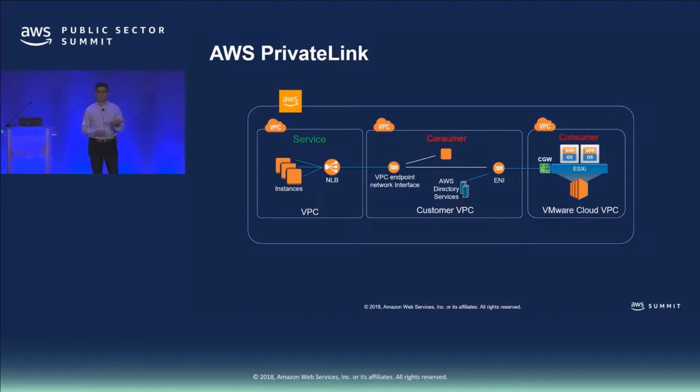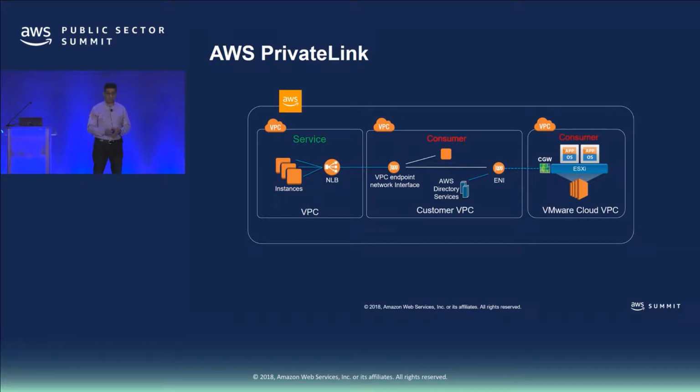So the service here will present a DNS name that needs to be resolved by the AWS resolver to give you the private IP address. So the recommendation here, to enable the name resolution to work to the right IP address, is to do some proxying for DNS requests from your customer VPC. One of the things that you can do is launch the AWS Directory Service. It's a managed AD service where you can have a DNS.